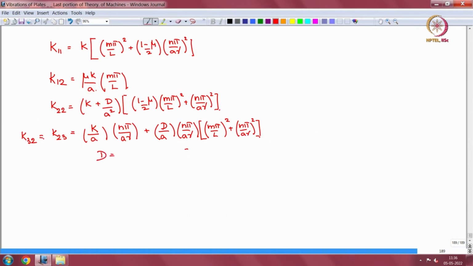And D is the bending stiffness, E h cube by 12 into 1 minus mu square.